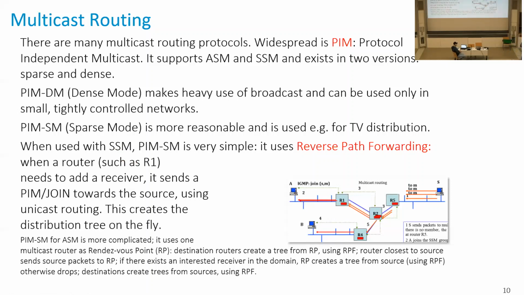The source is S, the multicast group is identified by the combination of a source address and a multicast group. So R1 will simply send a PIM-SM protocol towards S, because R1 knows the next hop to R2. It knows it via whatever protocol it uses for unicast routing.